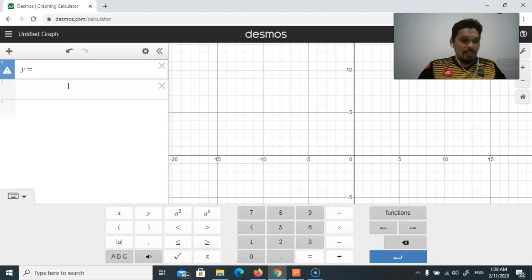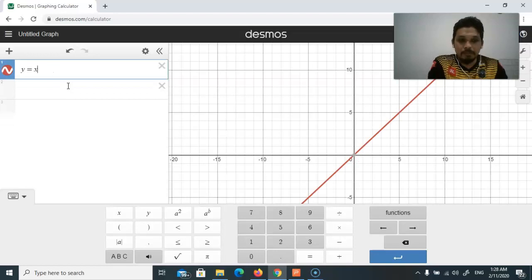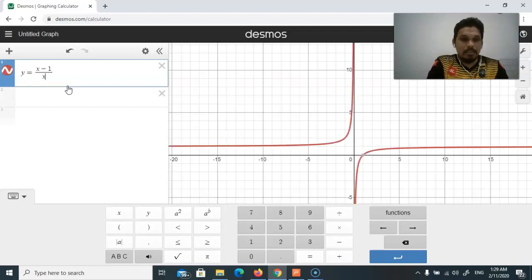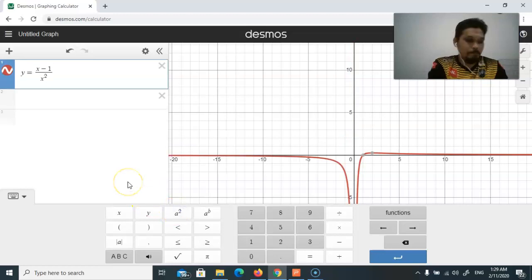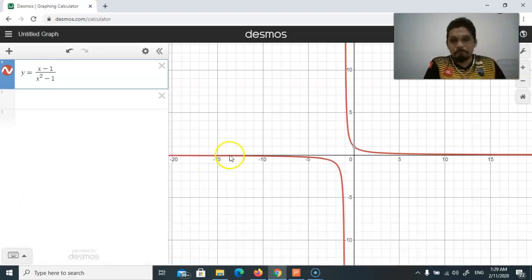Let's say y equals x minus 1, divided by x minus 1, and here is x squared minus 1.